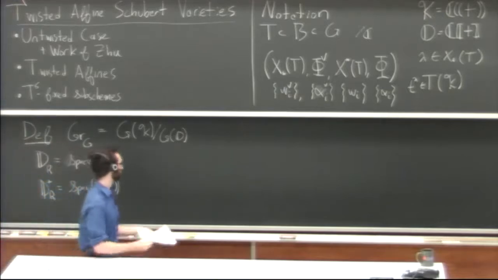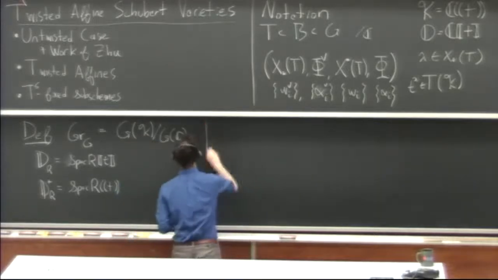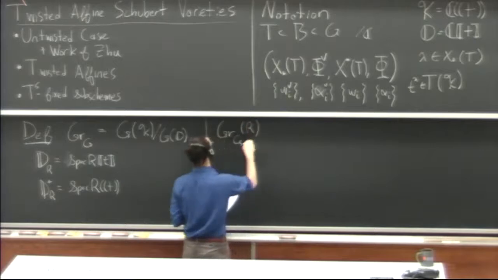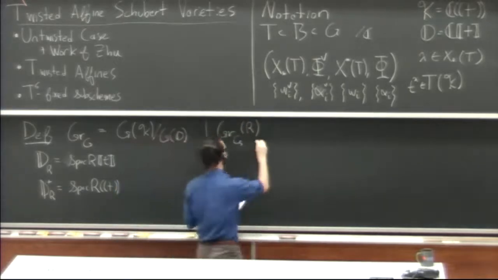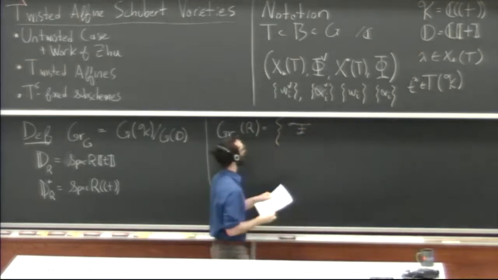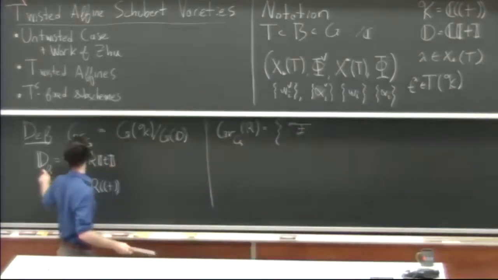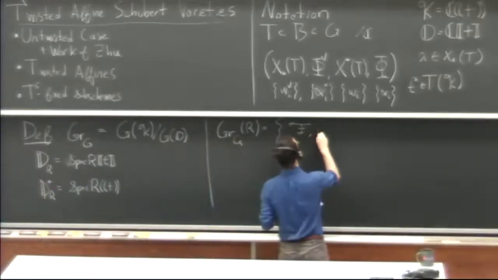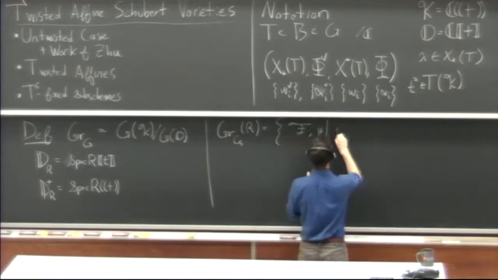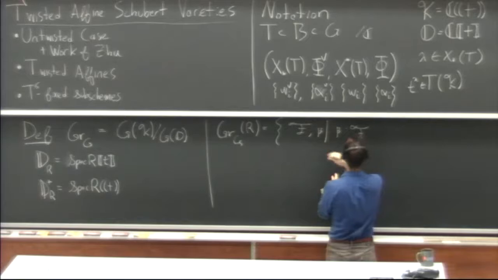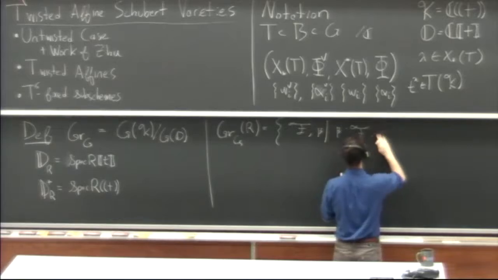This is a kind of a moduli description. I can also define the affine Grassmannian, the R points for R a C algebra, to be equal to the collection of pairs (F, beta), where F is a G torsor over the R disk, and beta is a trivialization of F on the punctured disk.